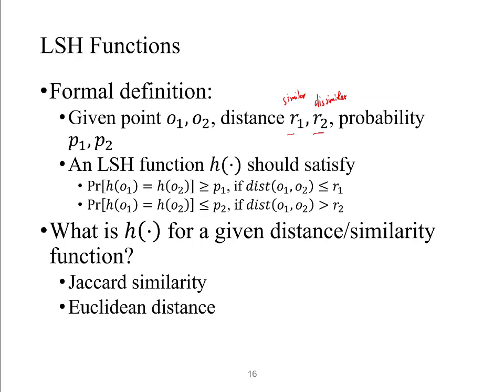So if the distance between O1 and O2 is smaller than or equal to R1, so they are similar, their distance is small, then the probability of them having the same hash key is large. So we want P1 to be high.